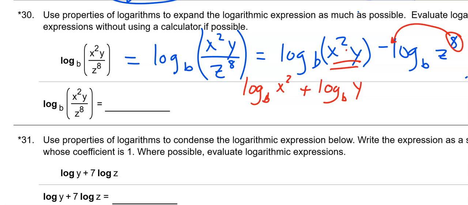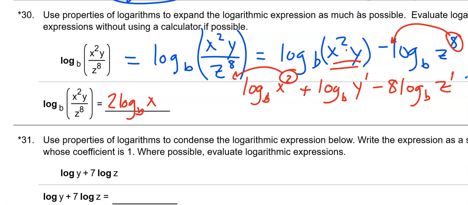And then minus. And if I bring that 8 down, that would be 8. But it looks like I've got one more exponent to deal with, because I got an exponent of 1 there and a 1 there, but I don't have a 1 there, so I need to bring that down. So 2 log base b of x plus log base b of y minus 8 log base b of z.